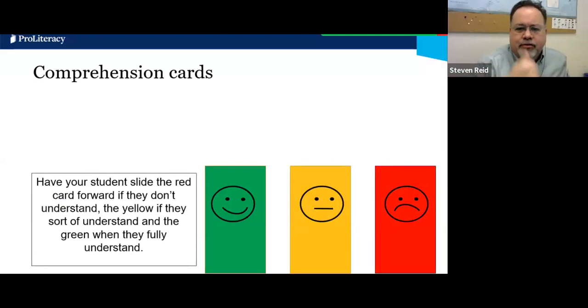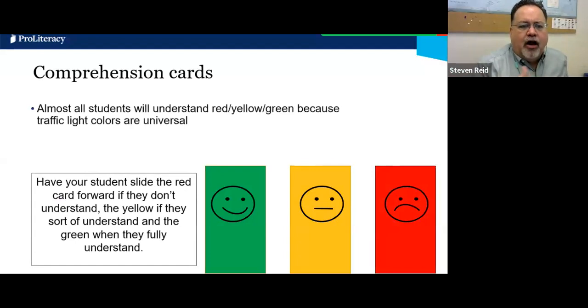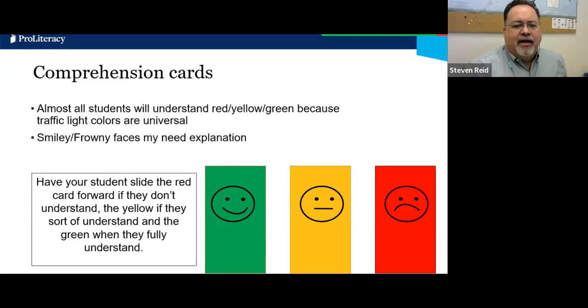Most of the students will understand the colors of green, yellow, and red, because traffic lights are universal in color. So everyone who has been in a car will understand green means go, yellow means a little bit or hesitant, and then red means stop. They may not necessarily understand the smiley face, frowny face, but that's something that you can talk about with your student, and it just gives you some ideas.